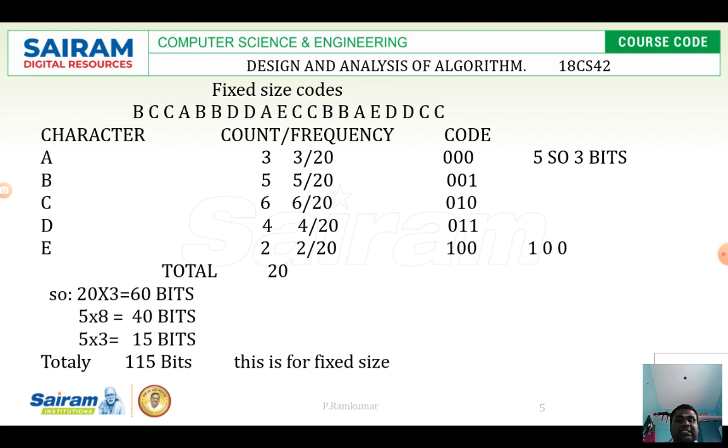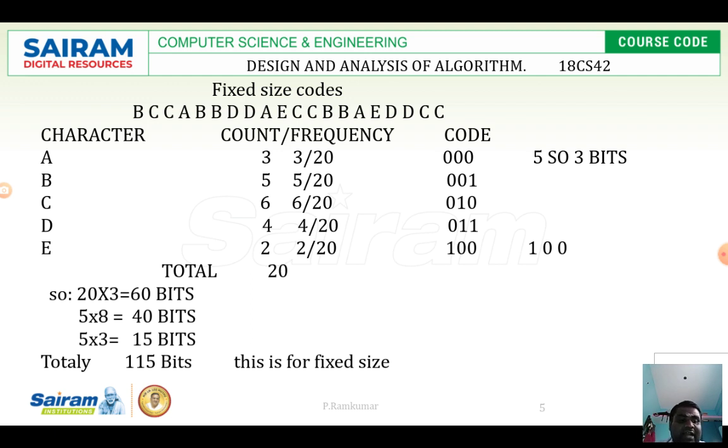Then 5 into 8, 40 bits; 5 into 8 means the capital letters A, B, C, D, E. Along with the message, I must also transmit the table to the receiver, because when the receiver decrypts the message, he has to look up the table. Based on the table, the receiver decrypts the original message that the sender has sent.